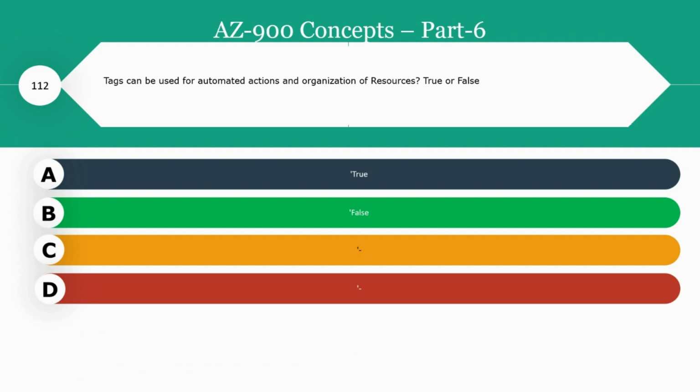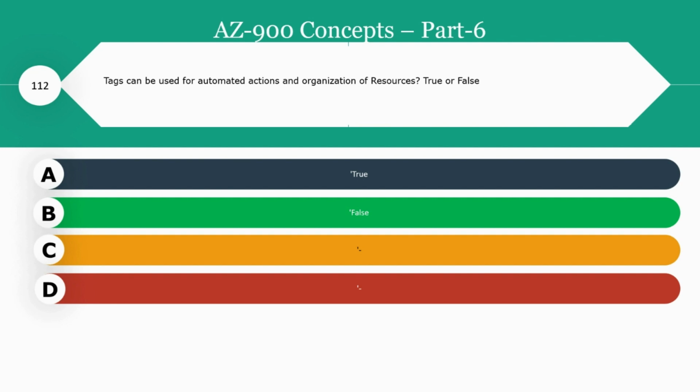Next question. Tags can be used for automated actions and organization of resources. Is it true or false? The options are option A, true, option B, false. The right answer for this question is option A. Tags are used to manage the resources as well as for doing automation.